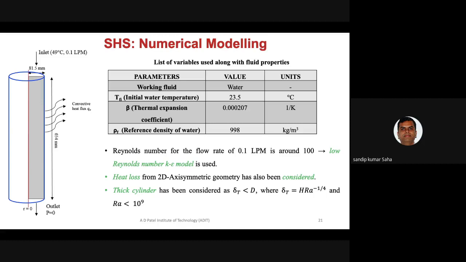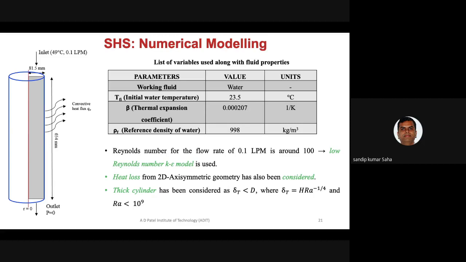Here the velocity of flow is very low, and as the velocity of the fluid is very low, our objective here is to develop a high thermal gradient, or high temperature gradient, so that I can store the energy in that form, because if the flow is very fast, you will not get much thermal gradient.